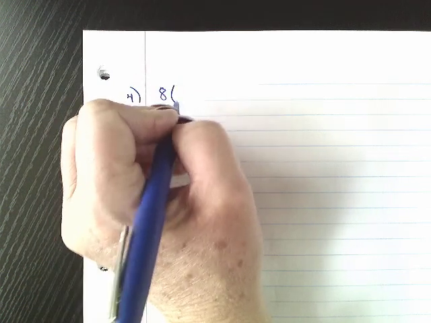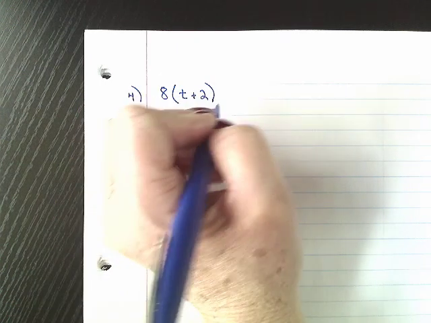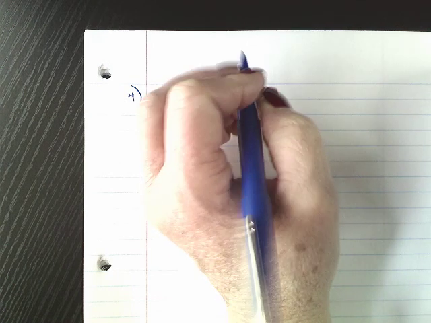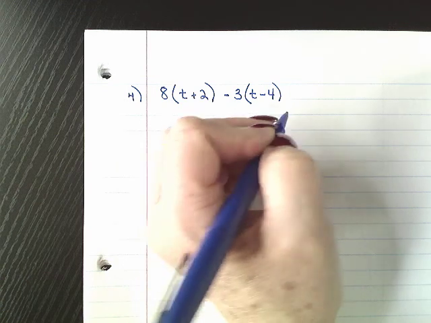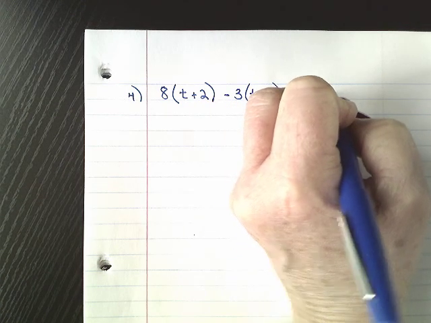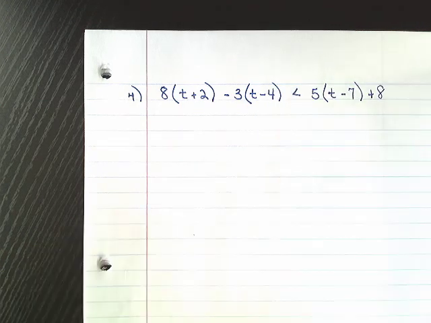This would be example 4. We have 8 times t plus 2 minus 3 times t minus 4, and that is going to be less than 5 times t minus 7 plus 8.